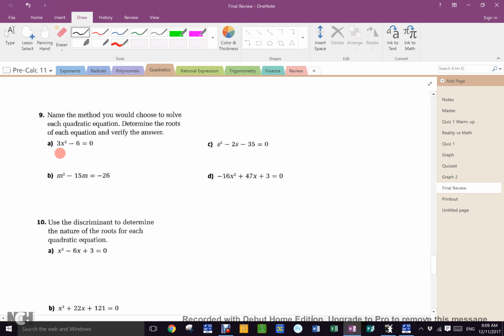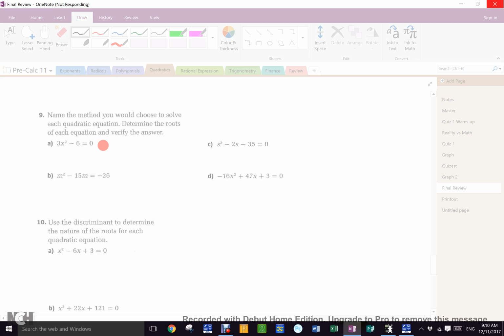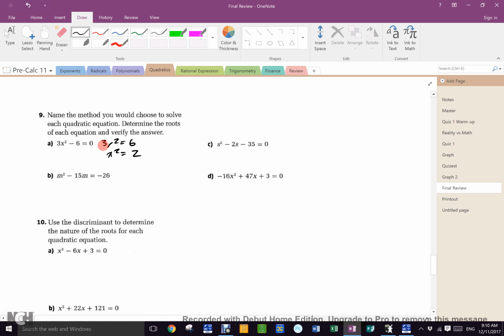What would you do here? How are you going to solve that? How are you going to tell me what x equals there? Algebra, simple algebra. 3x squared equals 6. x squared equals 2. x equals plus or minus root 2.